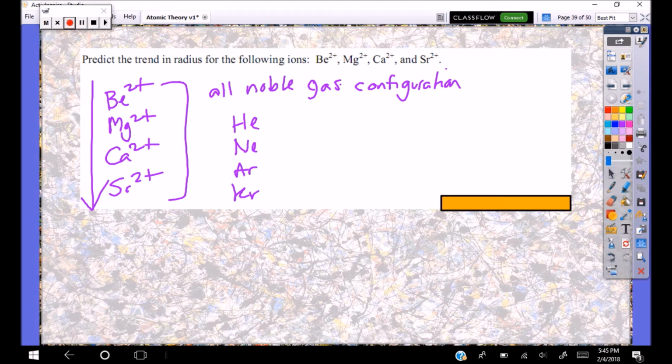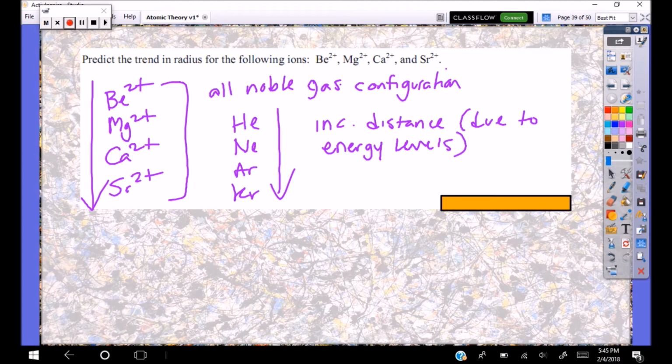Yes, I think that's the order. I don't have a periodic table in front of me, so I apologize. Yes, that is the order. So as we go down a group, we are increasing in size still due to energy levels, increased distance due to energy levels, and therefore size goes up as we go down. Okay.